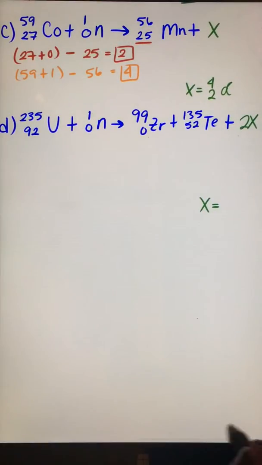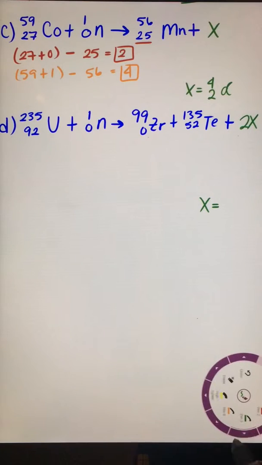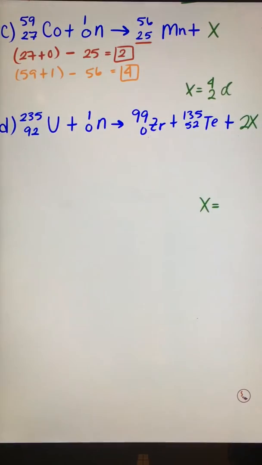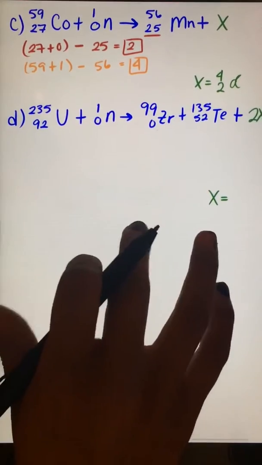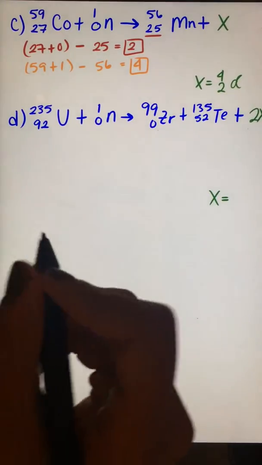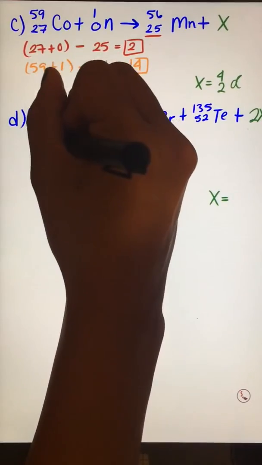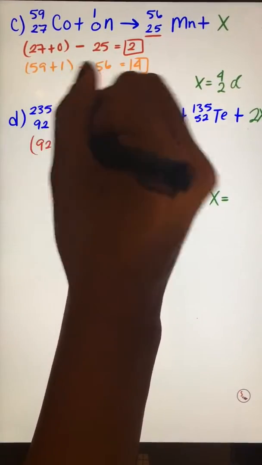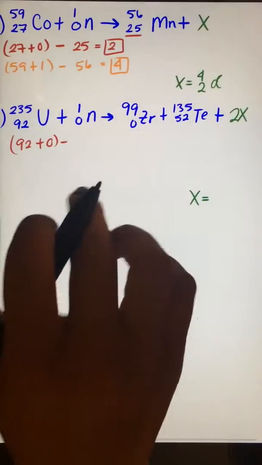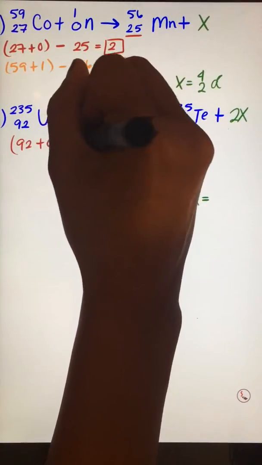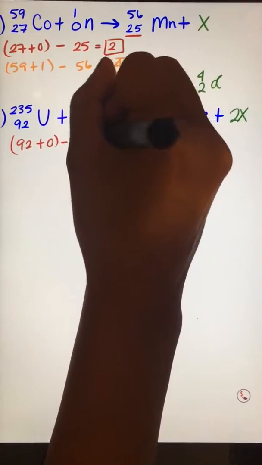For D, you can immediately see that X is multiplied by 2, so the procedure is similar but a little different. Again, we're going to focus on the protons. On the reactant side, it's 92 plus 0, and on the product side, it is 0 plus 52.